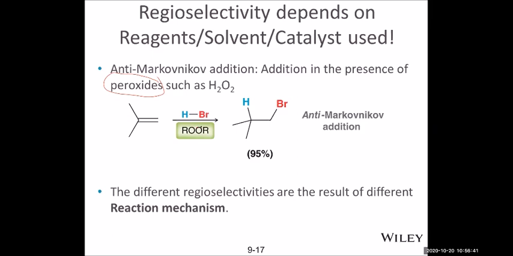Basically it's almost like an ether. You get an alkyl group, and there's a peroxide bond. This is a peroxide bond, very unstable. And when you have this present in the reaction, it will give you the anti-Markovnikov product. Even hydrogen peroxide can be as effective and give you an anti-Markovnikov reaction.